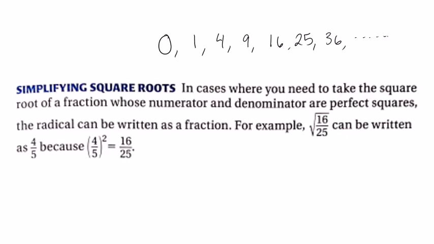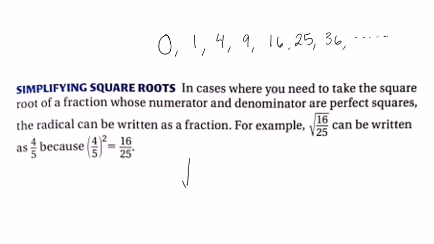You might have some other ones memorized or be able to easily do something like 20 squared, which is 400. Okay, so in the case where we have a fraction with those perfect squares, the radical can be written as a fraction. For example, the square root of 16 divided by 25 can also be written as 4/5, because 4/5 squared is 16/25.